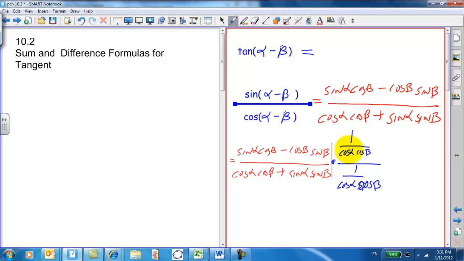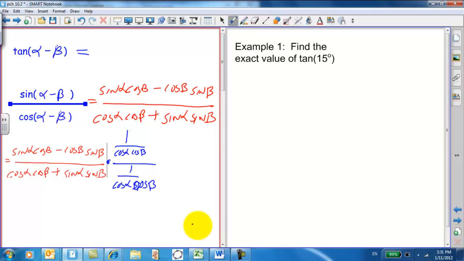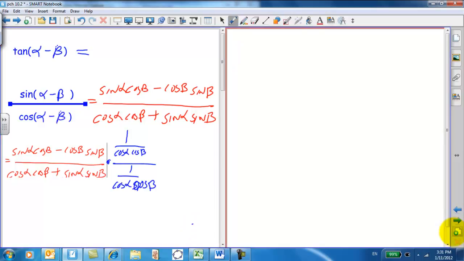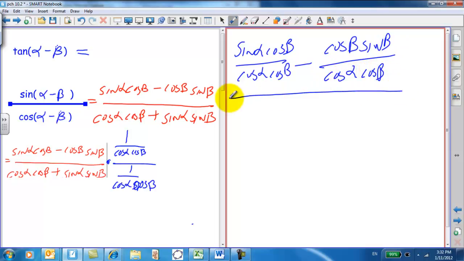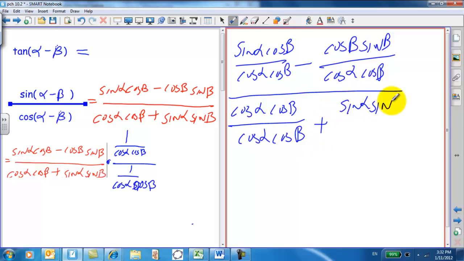What that does then is you've got to imagine this denominator in each one of these. So let's make a little more room for this proof. We get sine alpha cosine beta all over cosine alpha cosine beta, minus cosine alpha sine beta all over cosine alpha cosine beta, all over cosine alpha cosine beta all over cosine alpha cosine beta plus sine alpha sine beta all over cosine alpha cosine beta.